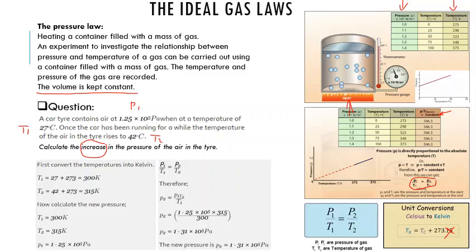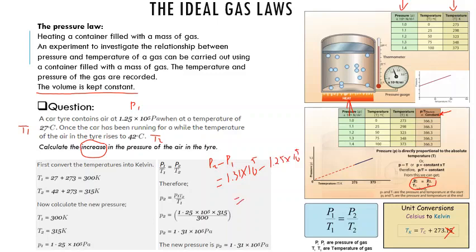Now, if you think you're done, this way you only score 2 out of 3. To get the third point, you have to find the increase in pressure, which is the change. So you have to find P2 minus P1, which is going to be 1.31 times 10 to the power of 5, and then you subtract from it 1.25 times 10 to the power of 5.